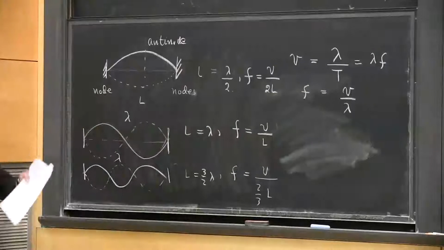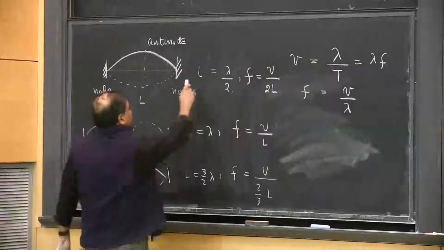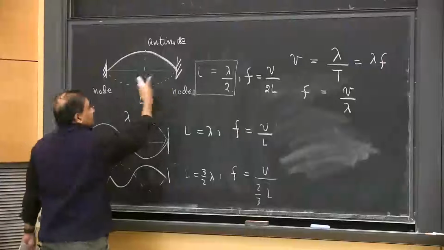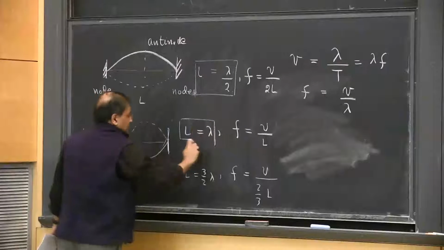So for closed ends, as you can see, you can easily compute the frequencies once you know the relationship between the length and lambda. By drawing a picture, you get there, and you get here, and you get here.